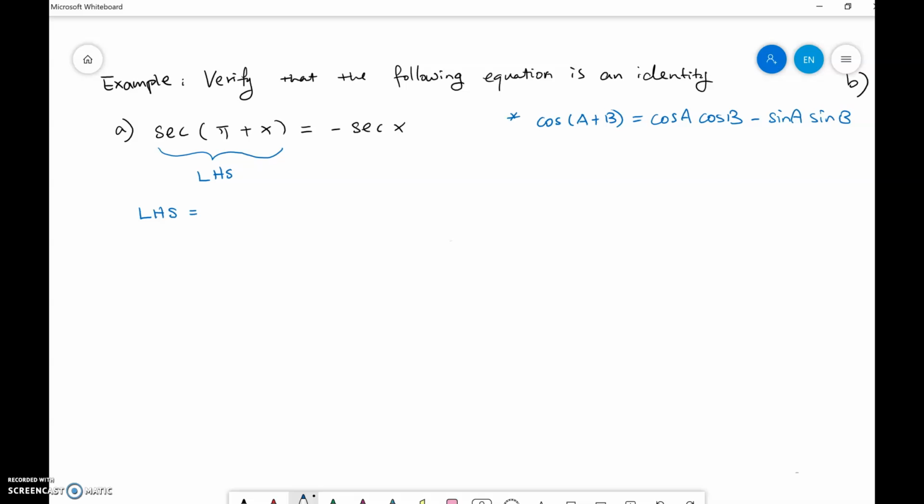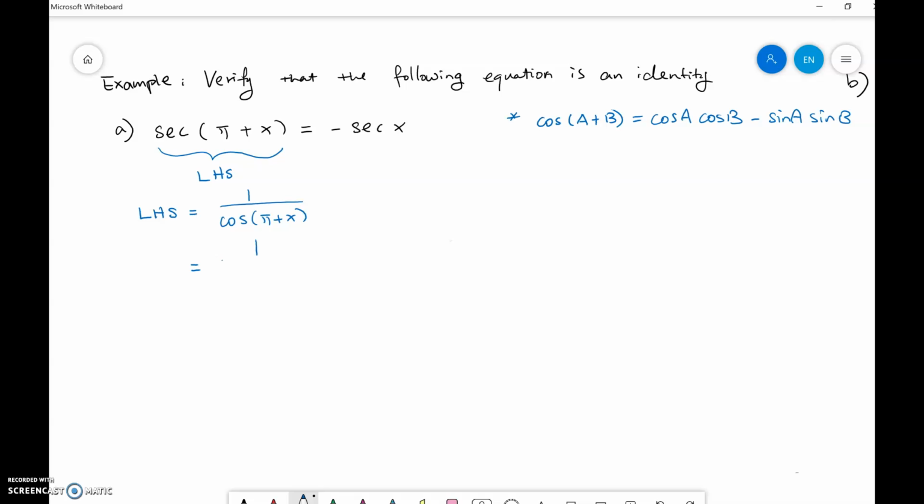However, I can't because I do not have a cosine, I have a secant. So first I'm going to rewrite the secant in terms of cosine, that is 1 over cosine of pi plus x. Then I can expand it, but only the denominator.